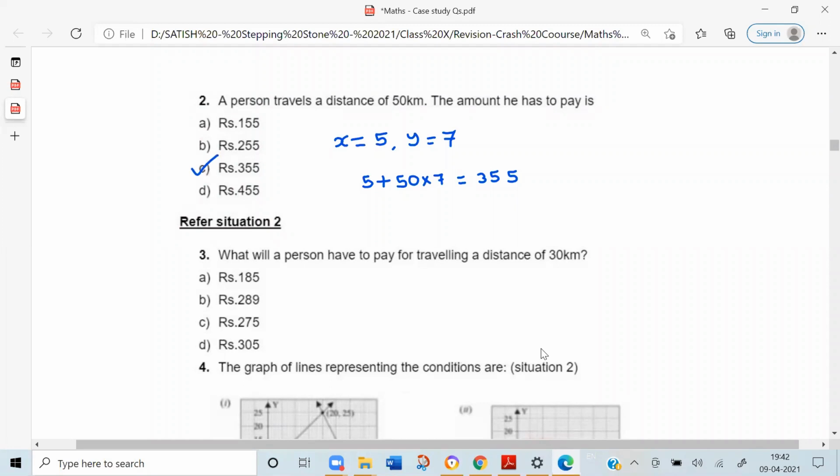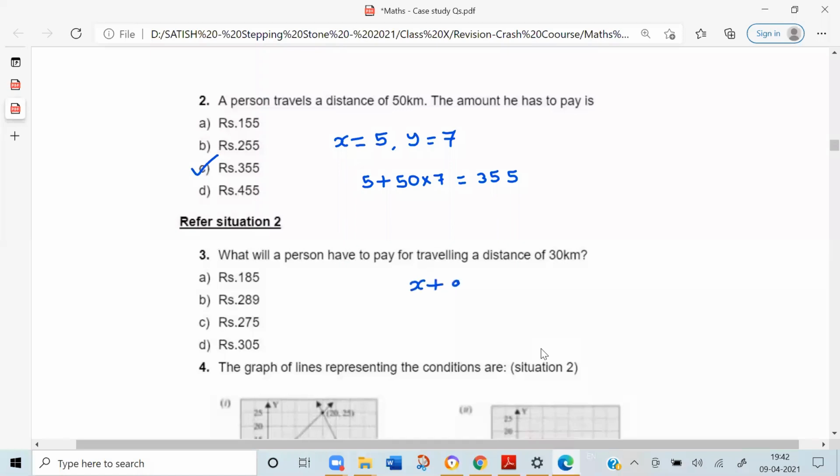Now, try the next. Refer to the situation 2. Remember, this is situation 2. So for the situation 2, you need to write the equations again. What will a person have to pay for traveling a distance of 30 kilometers? Now, can you frame the equations first and tell me? x plus 8y equal to 91. x plus 14y equal to 145.